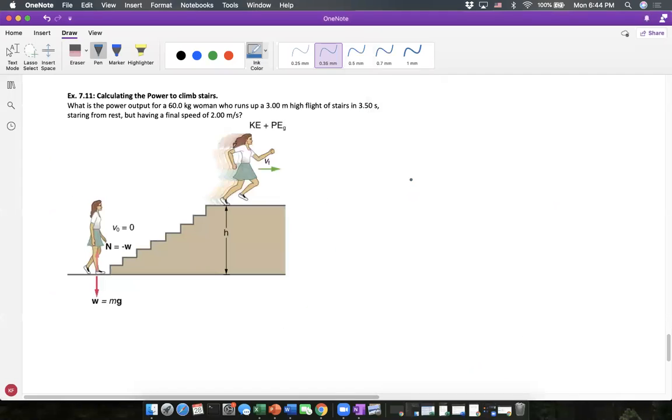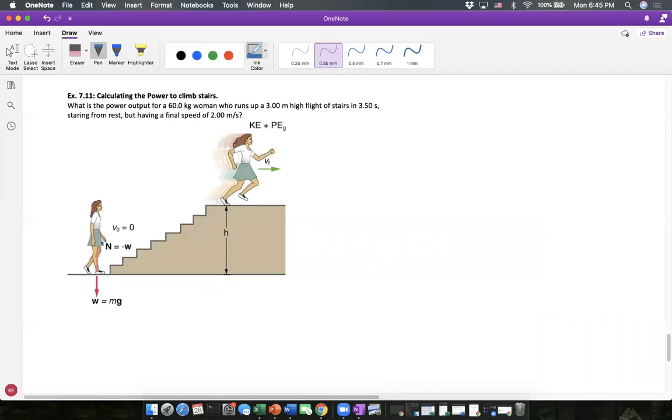Okay, we want to first calculate the power it takes to climb stairs. It says, what is the power output for a 60-kilogram woman who runs up a 3.0 meter high flight of stairs in 3.5 seconds?